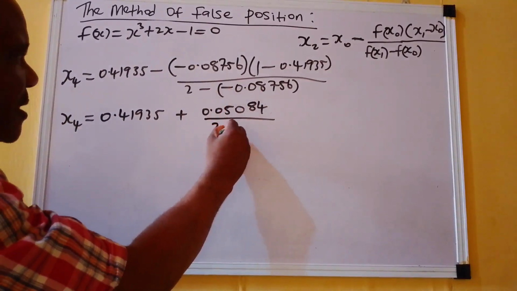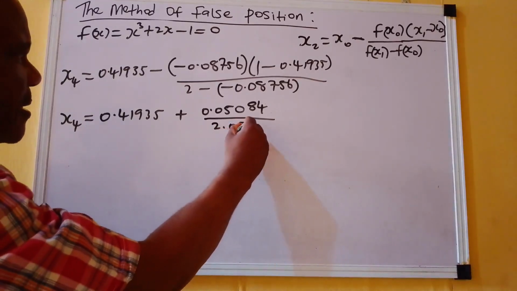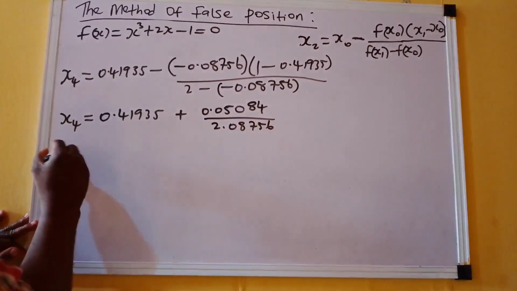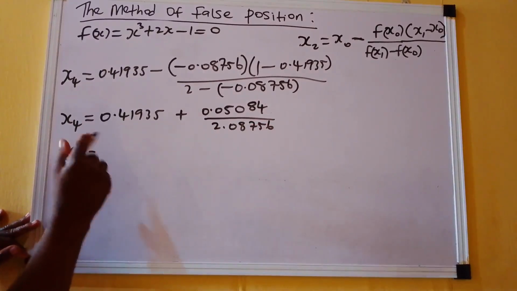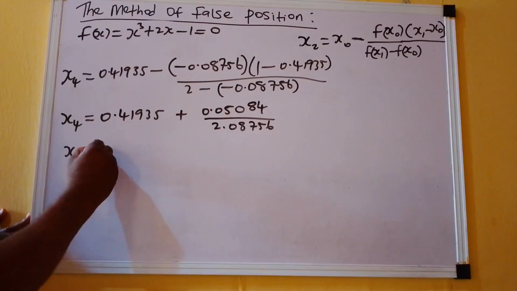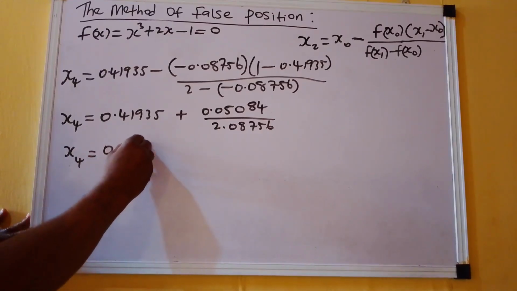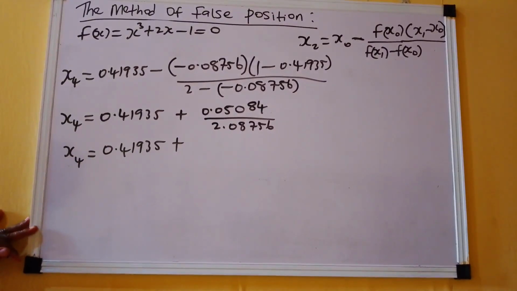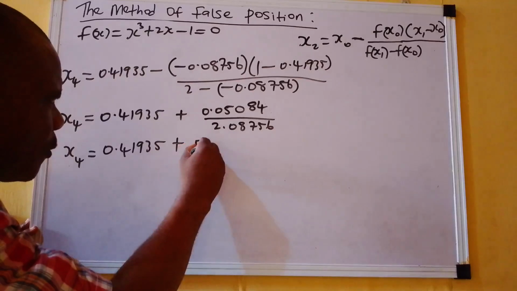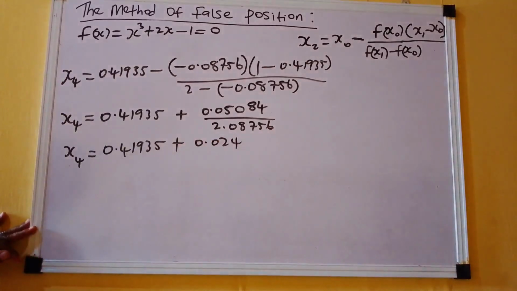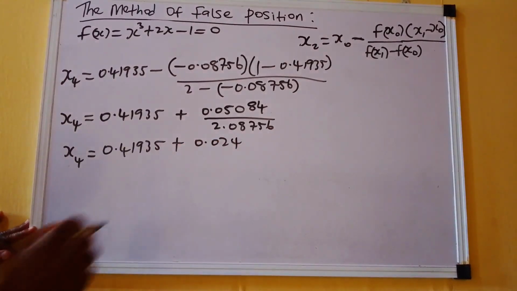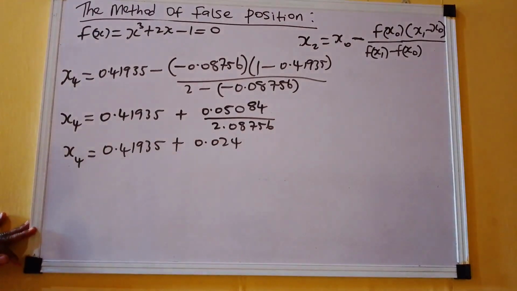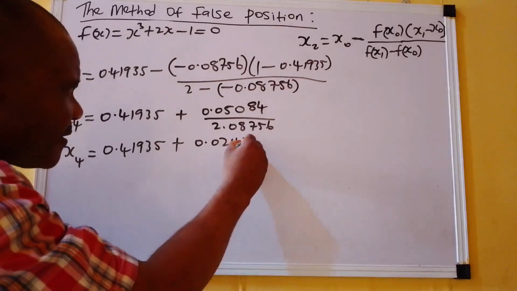This will be 2.08756. So our x4 will now be equal to, when you divide this, 0.41935 plus you divide this by that, you are going to have 0.02435.